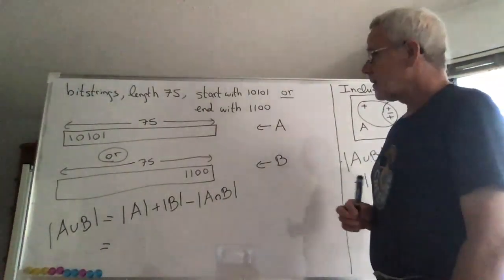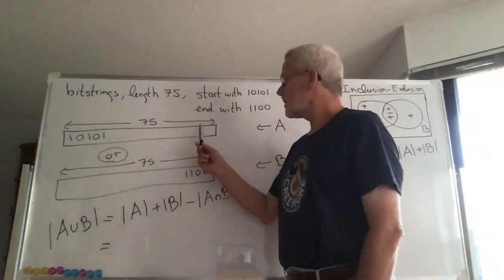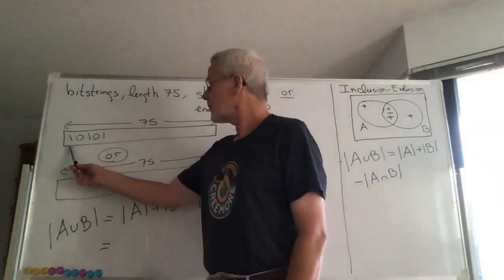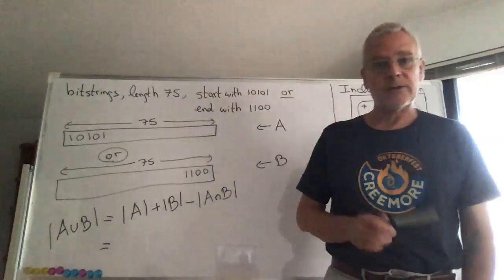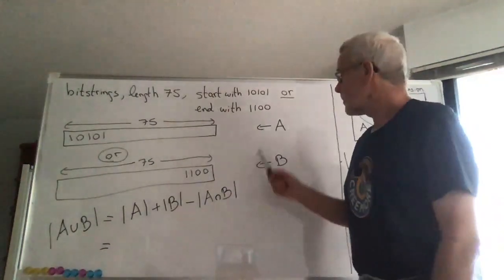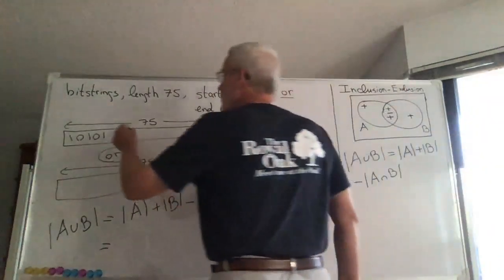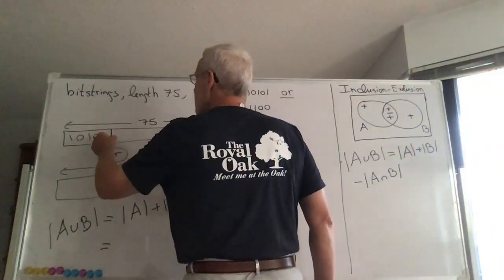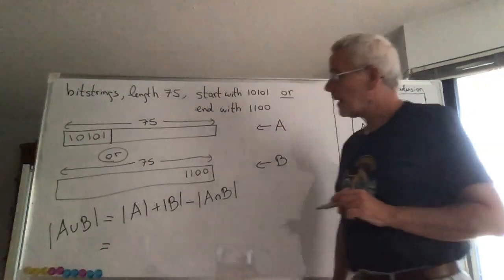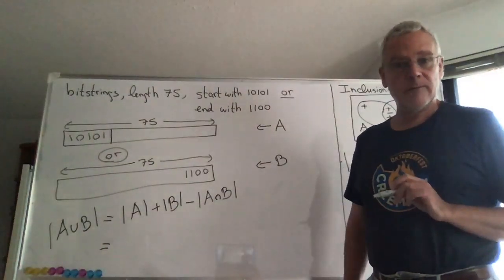A is a set of all bit strings of length 75, where the first 5 bits have been fixed. So in order to obtain a string in the set A, we have to choose the last 70 bits.